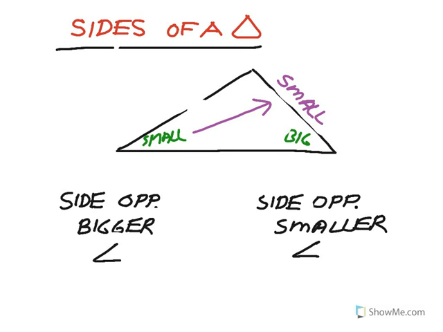With respect to these angles, the sides opposite the angles have the same relationship. So we can state that theorem as: the side opposite the bigger angle is going to be greater in length than the side opposite the smaller angle.